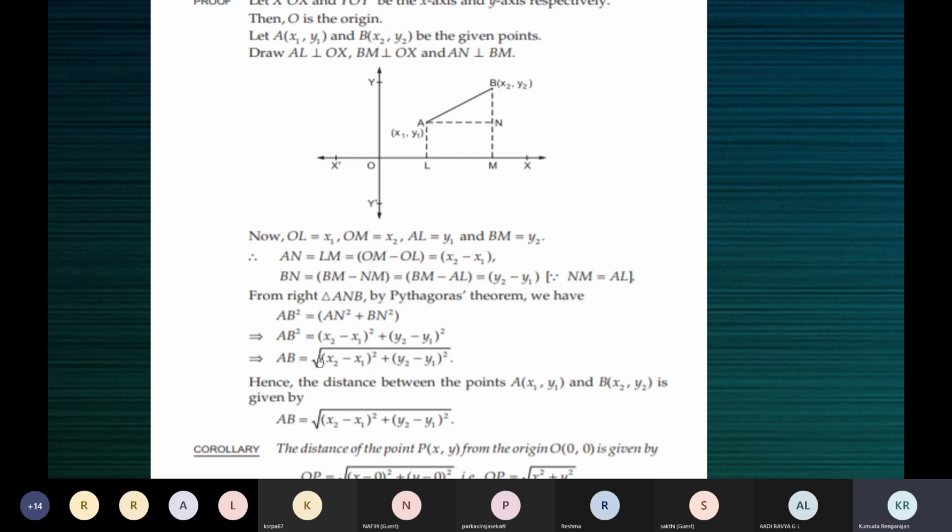So this is how we derive the distance formula. It is simply the square root of the difference between the abscissae, the whole square, plus the difference between the ordinates, the whole square.